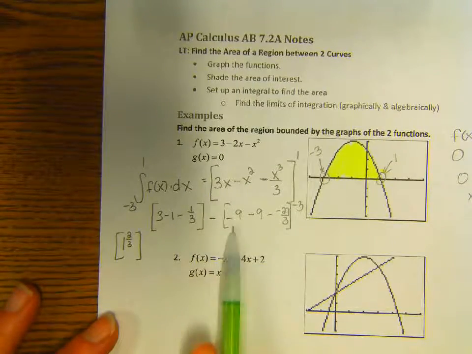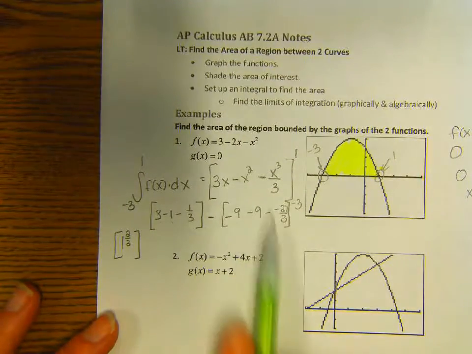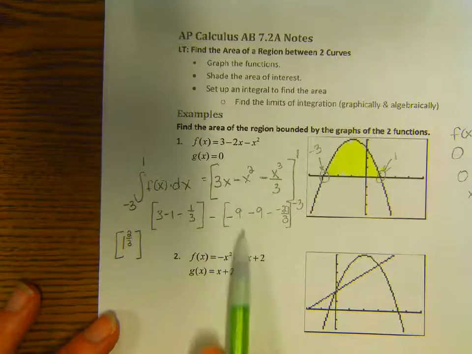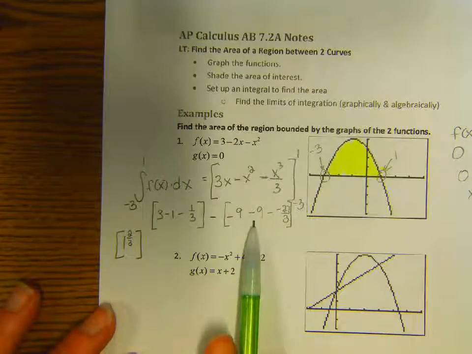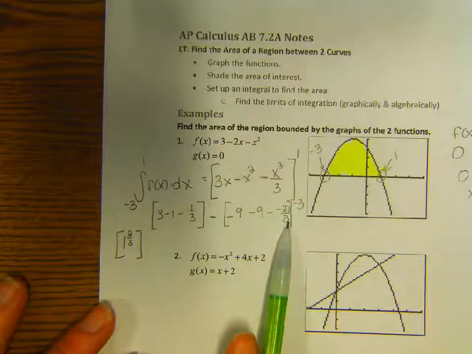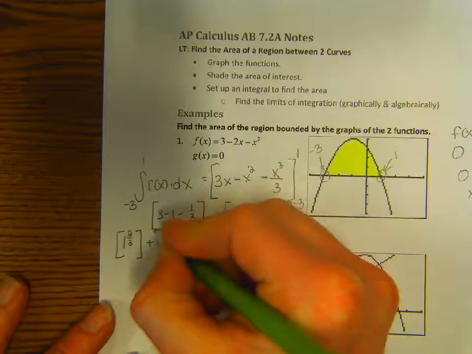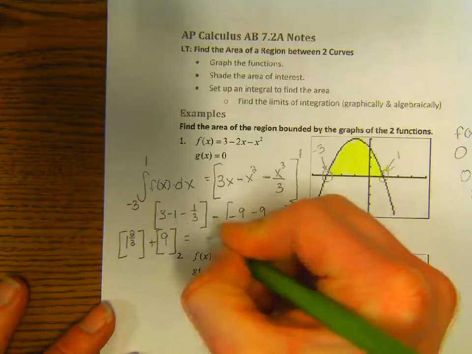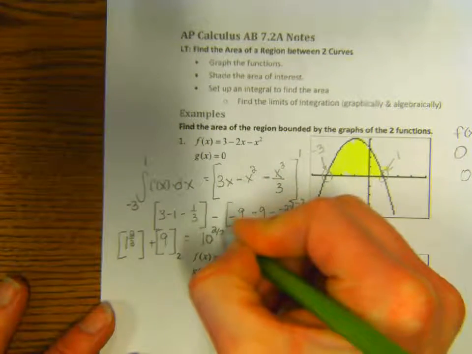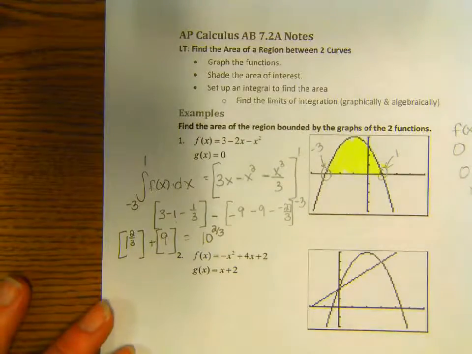And we already agreed that -9 minus 9 plus 9 is -9, agreed? So this is minus a -9, which is plus 9. It looks like we are looking at 10 and 2/3 for that area.